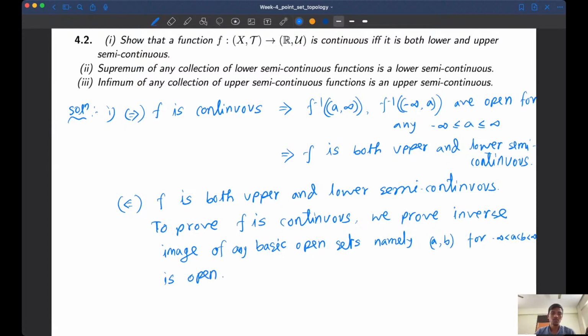Okay, because any open set U is a union of such intervals (a, b) with a less than b, which forms a basis.